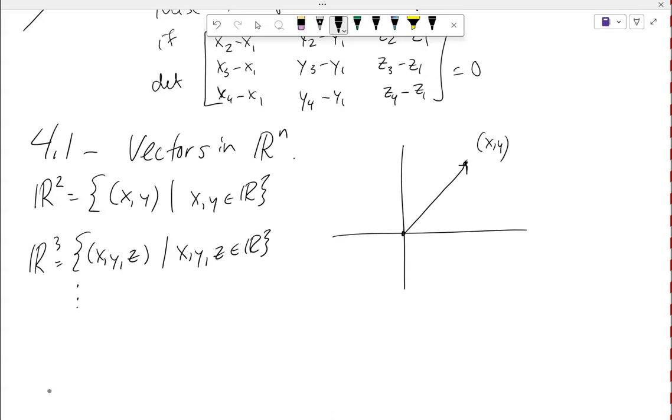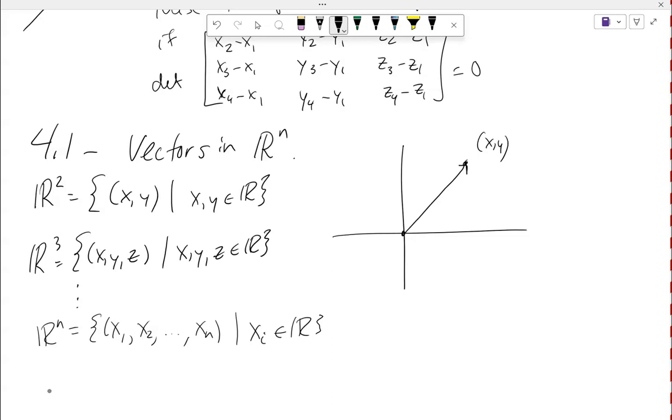Even though it's a little bit more difficult to see visually what these vectors might be, when we're talking about Rn, we're looking at n-tuples, where each component of your n-tuple is a real number. So that's all we mean by vectors in Rn.